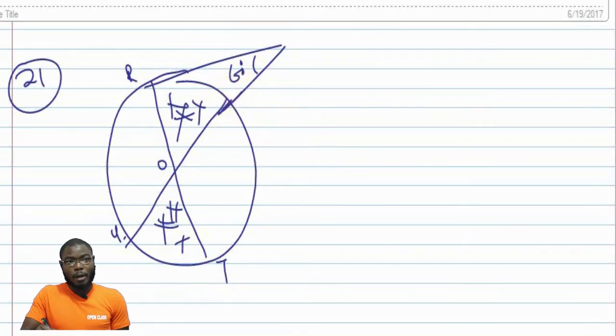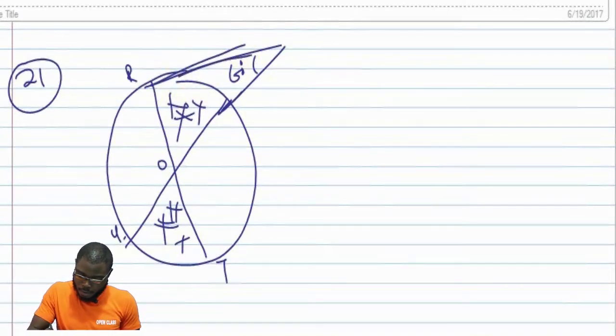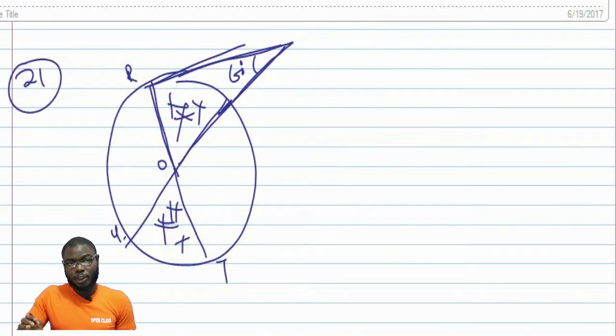Okay, so if this is 60 degrees, then all you need to do is just ratio base. We just find the ratio of this angle to other angles. What angles do they occupy?